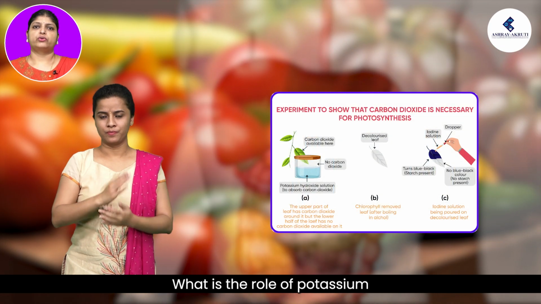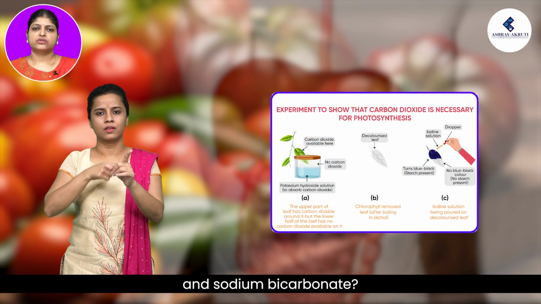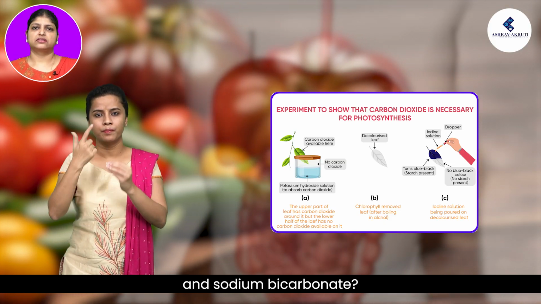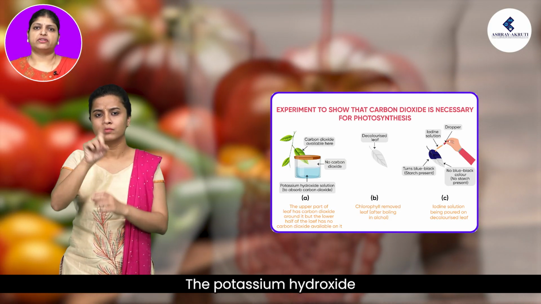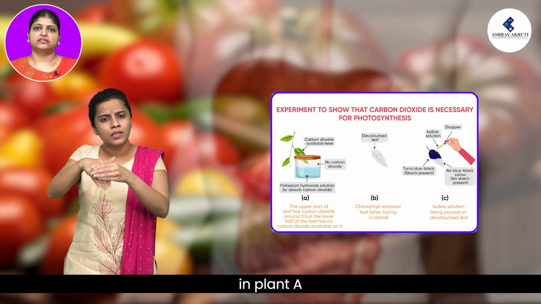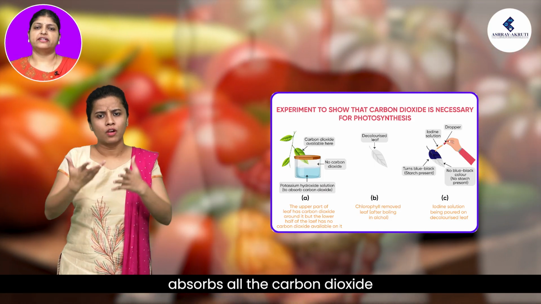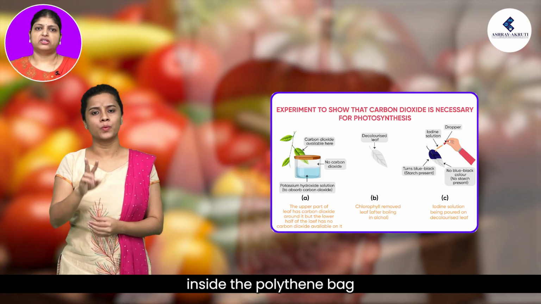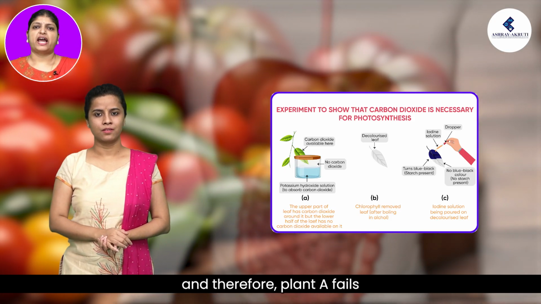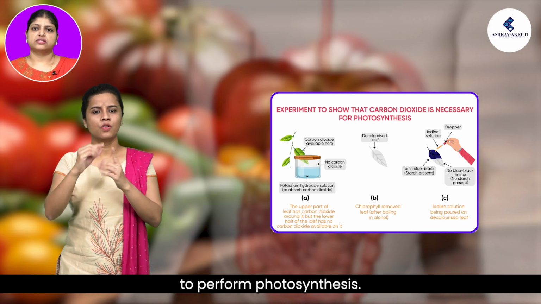What is the role of potassium hydroxide and sodium bicarbonate? The potassium hydroxide in plant A absorbs all the carbon dioxide inside the polythene bag and therefore plant A fails to perform photosynthesis.